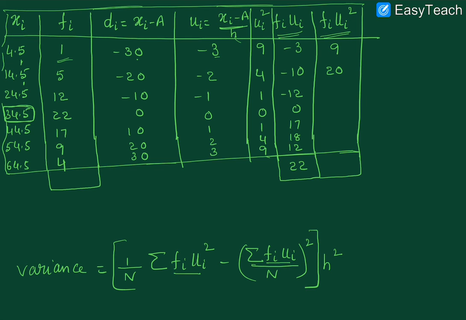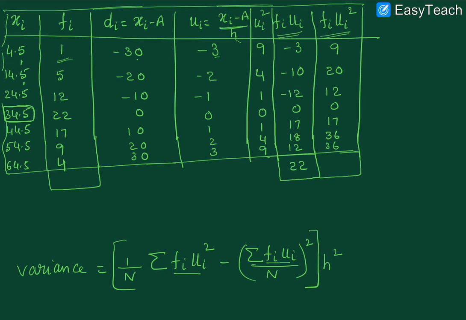Next one is 12 into 1, you will get 12. Next one is 0. fi ui square is 1, that's why 17. Next 30. fi ui square, 9 4s are 36. Next also 36.